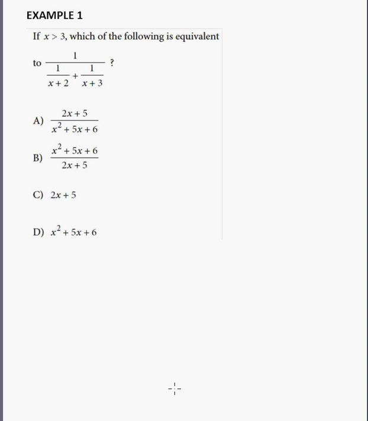If your algebra is reasonably okay, you notice that this expression looks more like A over B over C, because this is your A here, which is 1, and this will be expressed as B, and this will be expressed as C. So ultimately, your answer is probably going to be something like C over B times A. Since A is equal to 1, your expression will end up becoming something like C over B.